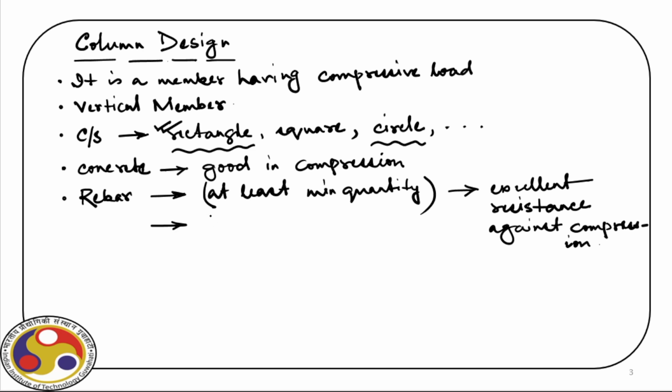There is also a maximum limit for a given cross section. One by one we will study what are their values and how we can actually design a column against a compressive load and find out the requirement for steel and concrete.